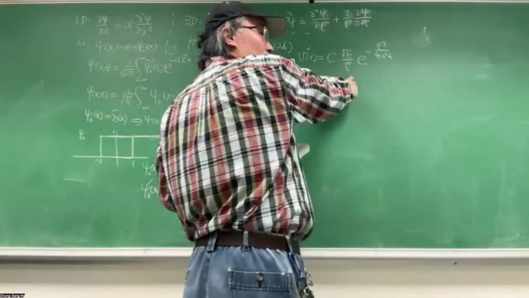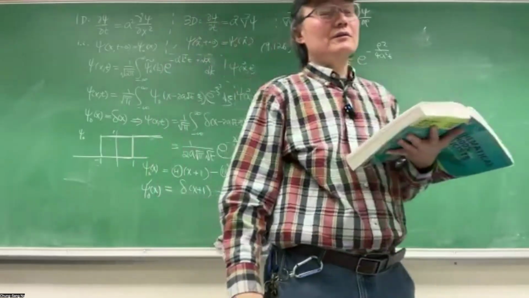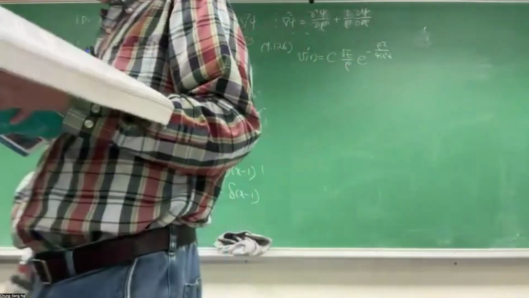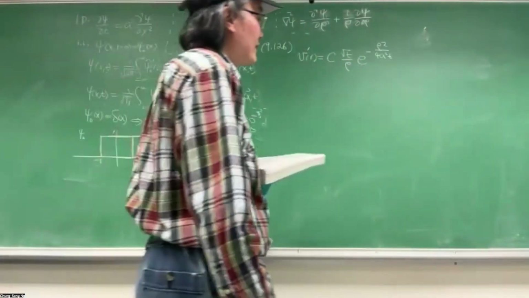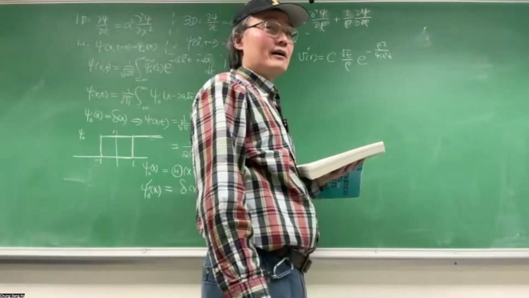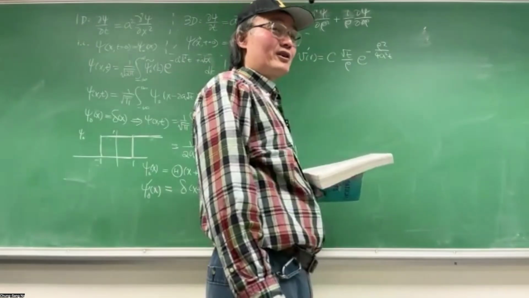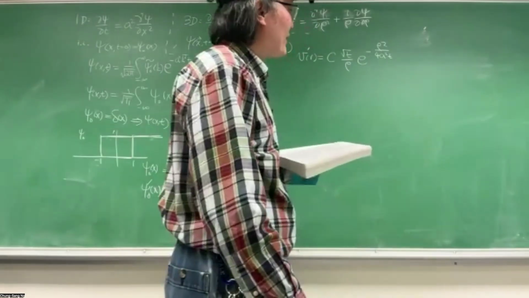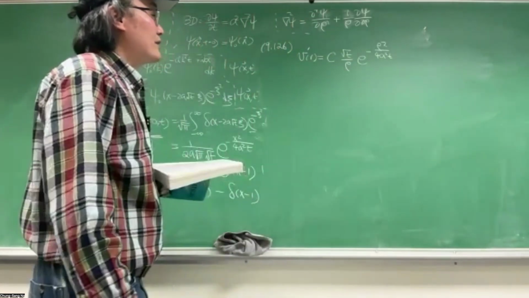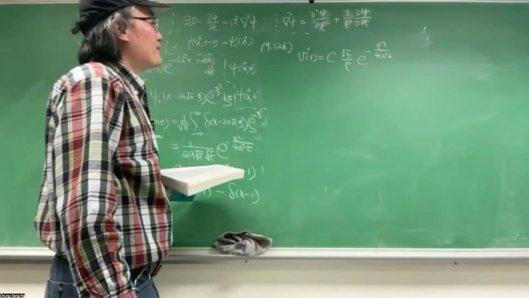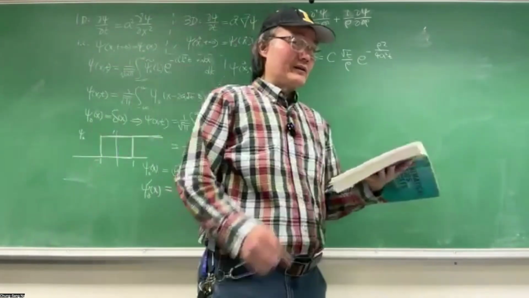Because of this 1 over rho, the integration will give you some kind of exponential integral. We haven't talked about those things. We probably will touch on them later when we go to the chapter about the gamma function, error function, and all that. I think it's called the E sub 1 function.